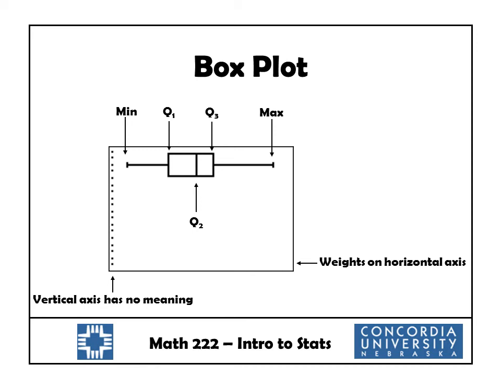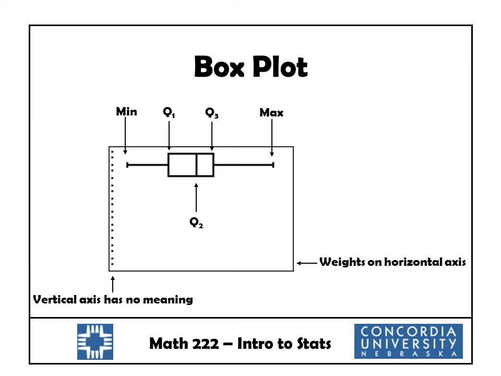And from this we can see a little bit about how spread out our data is. That horizontal line on the left corresponds to a range of 25% of our data values. 25% of our data values are between the minimum and the first quartile. Between the first quartile and the second quartile we have another 25% of our data values. So we see that those 25% of the data values aren't quite as spread out as the first 25% of our data values. Between Q2 and Q3 we have another 25% of our data values.